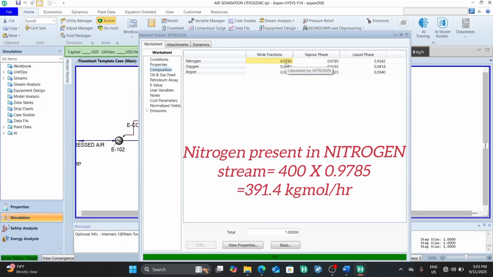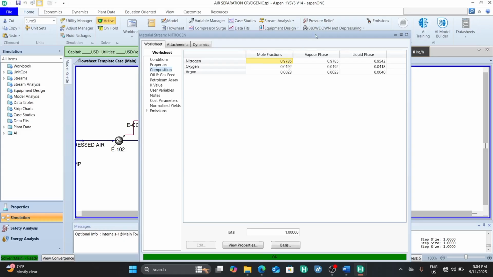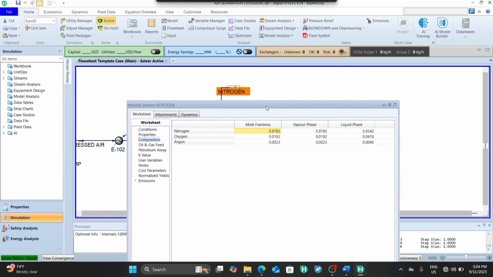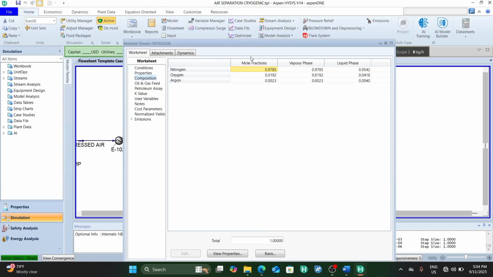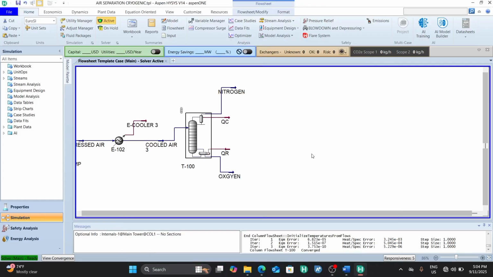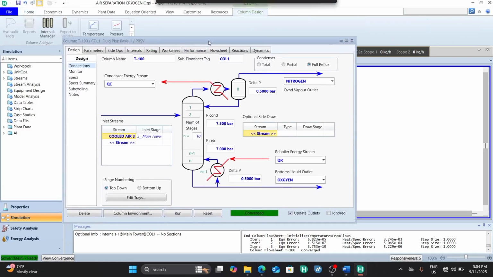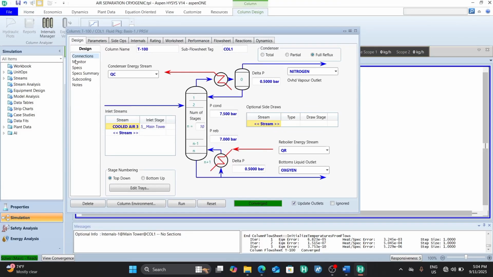So that's basically not even up to half of the total. Remember, the total nitrogen present in our feed was 781, and for the product stream, the nitrogen present is 391.4. So we haven't even gotten half of our nitrogen in the stream above. So we need to make some alterations to our column to see how we can make that work.